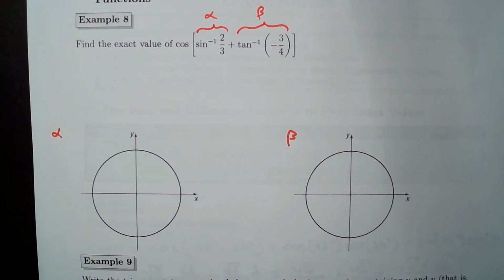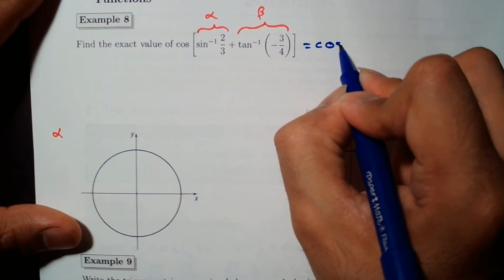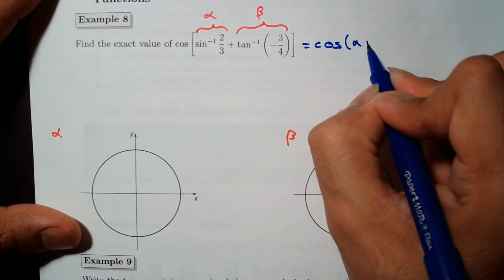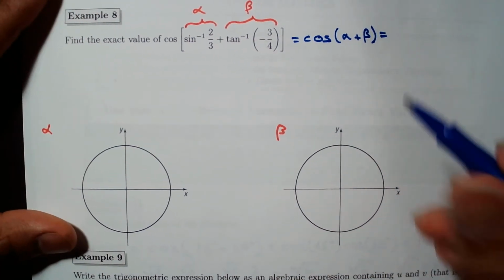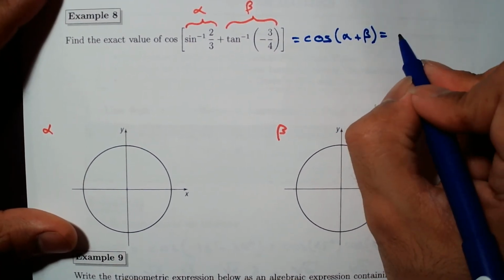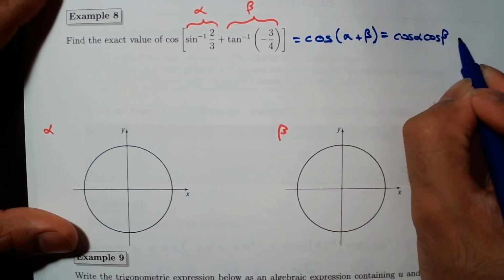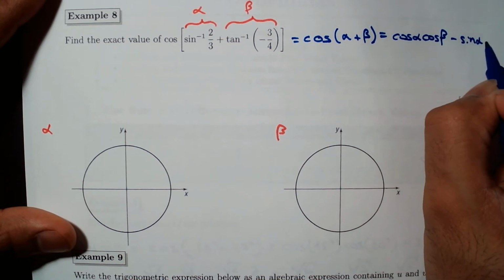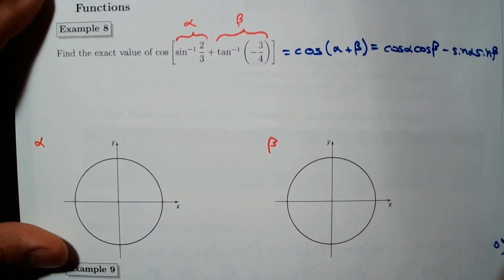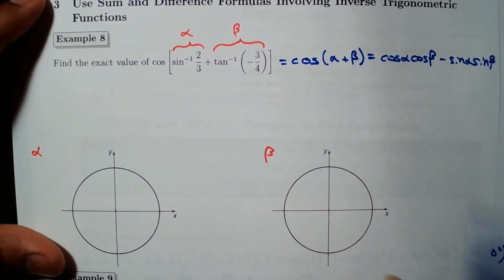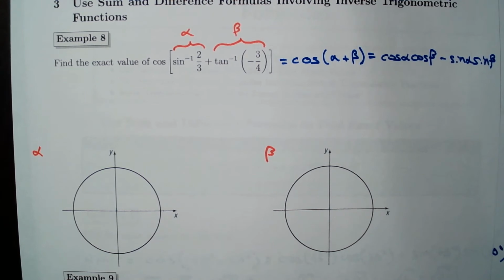We establish the identity: cosine of alpha plus beta equals cosine alpha cosine beta minus sine alpha sine beta. So in the end, we are going to evaluate this quantity based on the values that we obtain from these two identities.